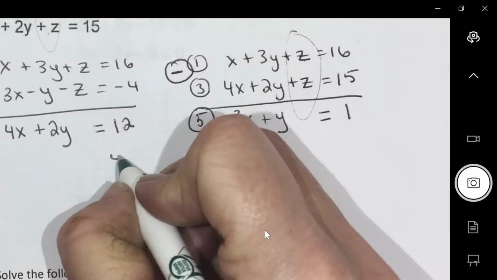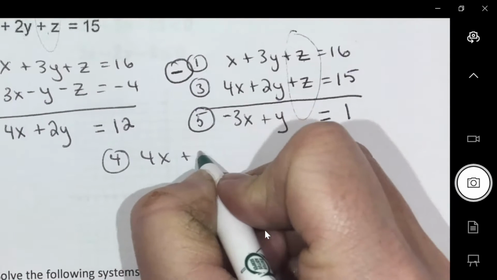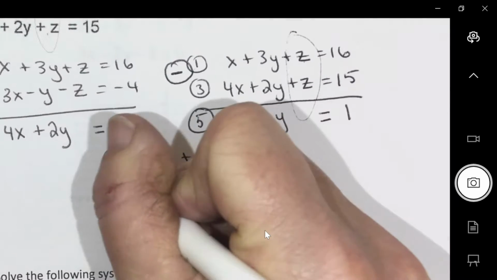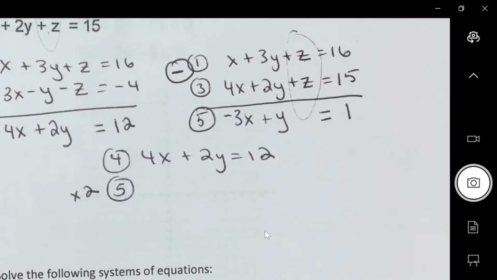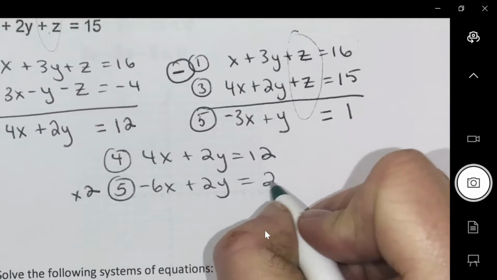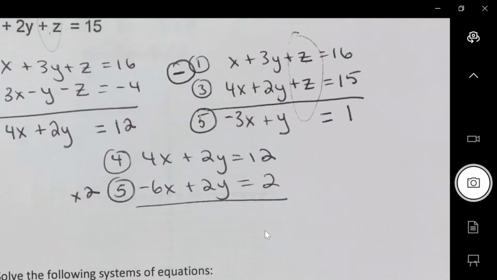So I'm going to leave equation 4 alone. And I'm going to times the 5th equation by 2. Don't forget to times everything though, right? Which includes the 1, because that's where people forget to times.